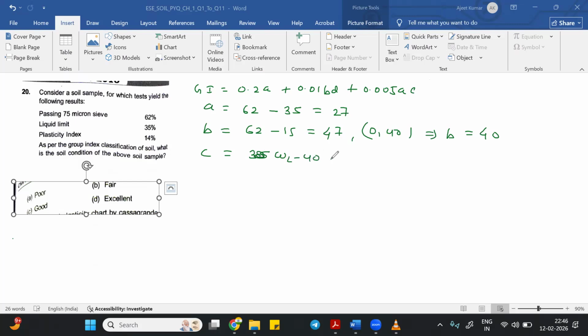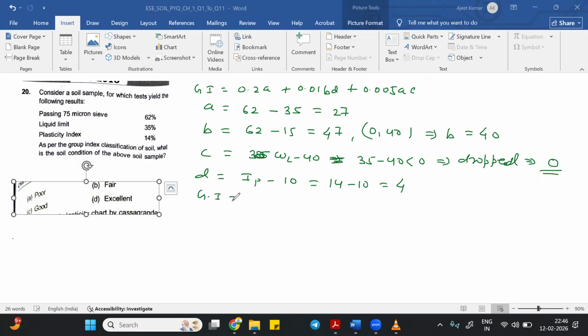And C is the liquid limit WL minus 40. So this is equal to 35 minus 40, less than 0. So this term will be dropped, and this value taken as 0. And D is IP minus 10, and this is 14 minus 10, equal to 4.